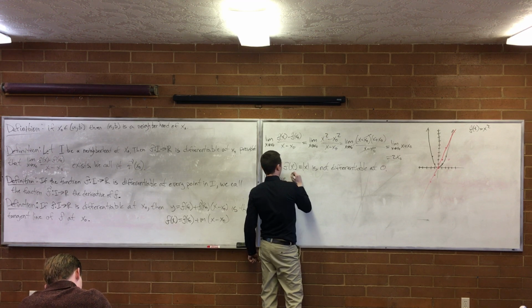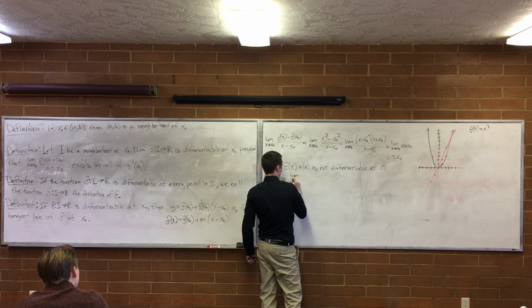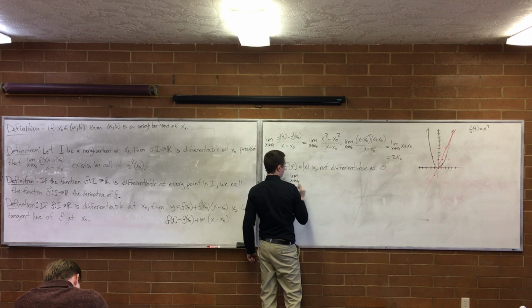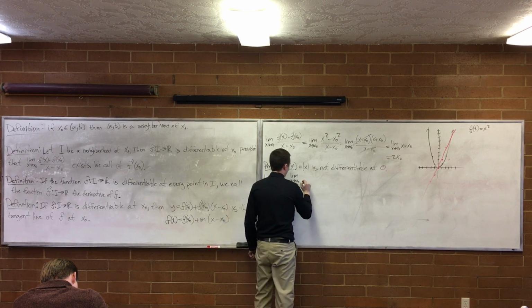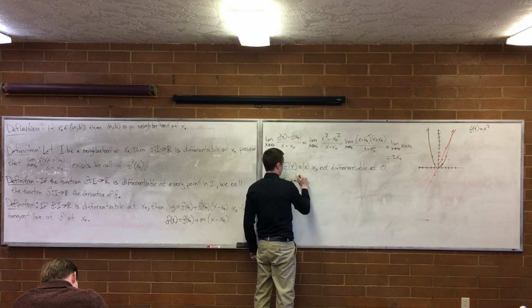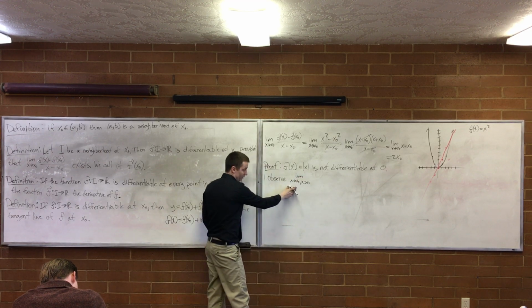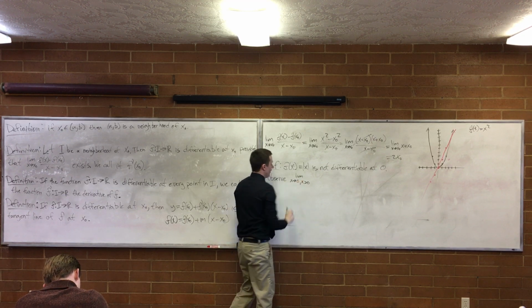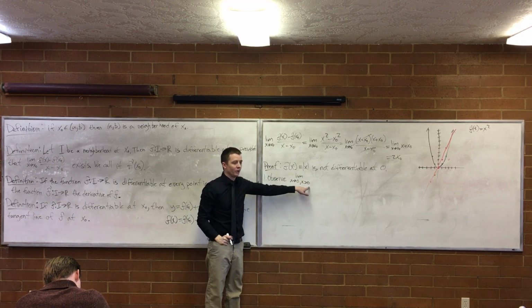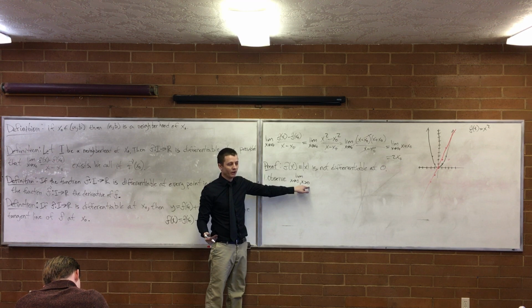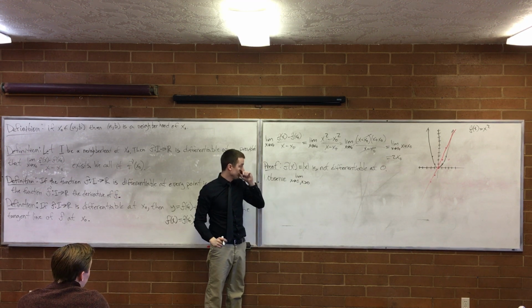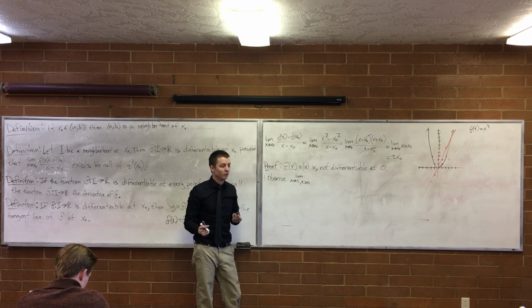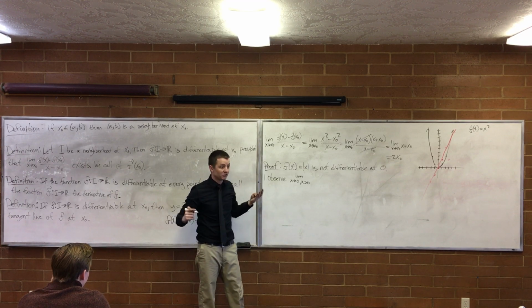So if we take the limit and we require that we're only going to use positive terms, there is a sequence that converges to 0 that's always positive terms, like 1 over n. Remember, if we're proving it's not differentiable, all we need to do is find two sequences that give us different limits, and we're done.